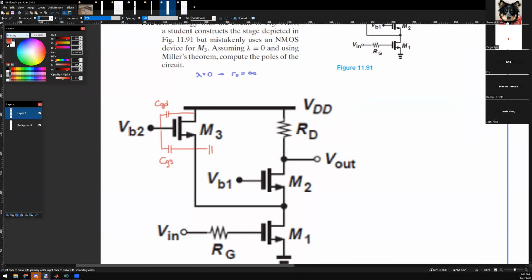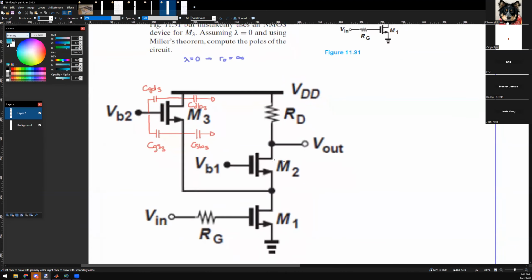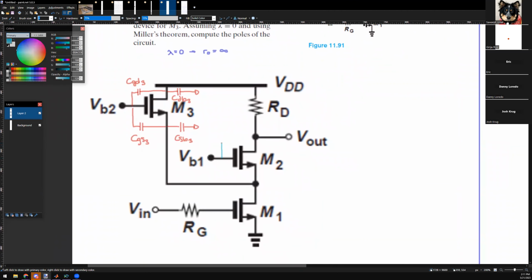Then you also have the capacitance from source to bulk, and you also have the capacitance from drain to bulk. Is this correct understanding? Yes. All right, and we subindex them all with 3 to pay respect to the fact that it came from M3. Yep. Okay.